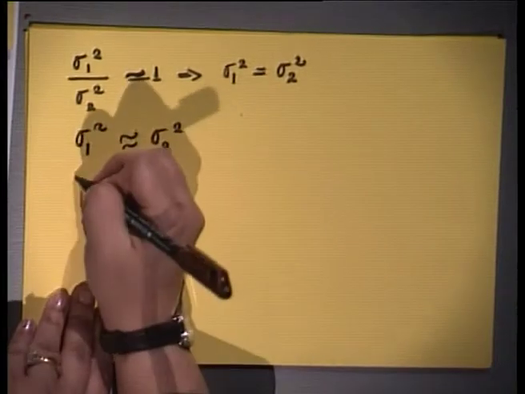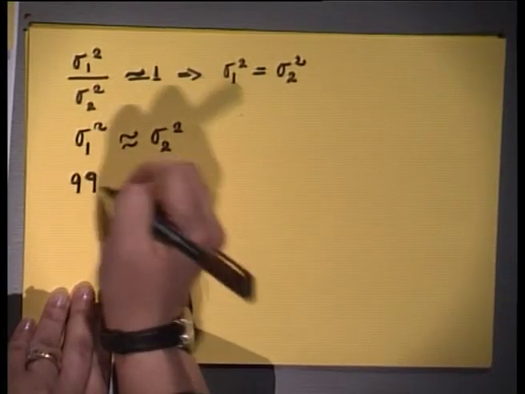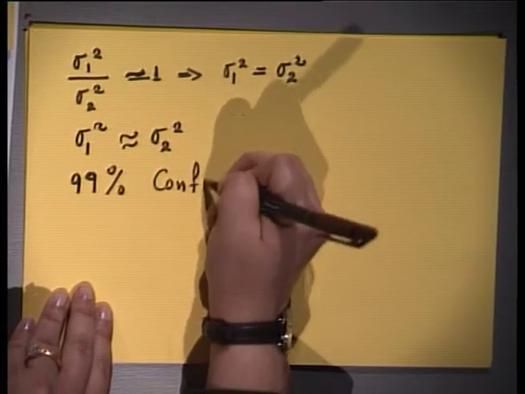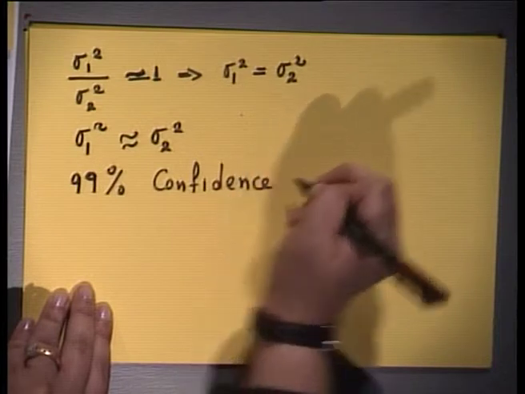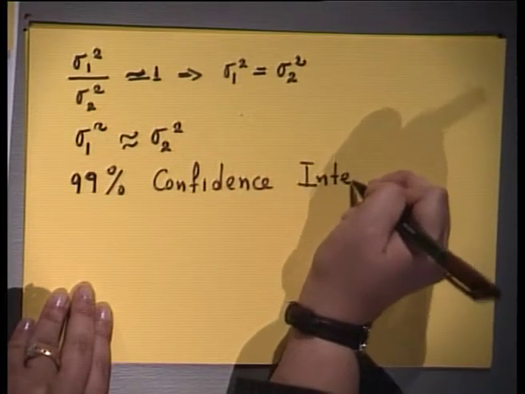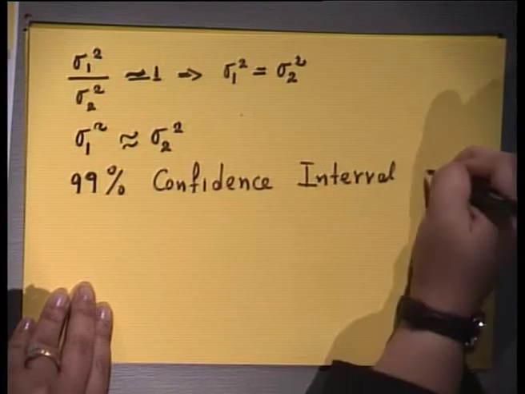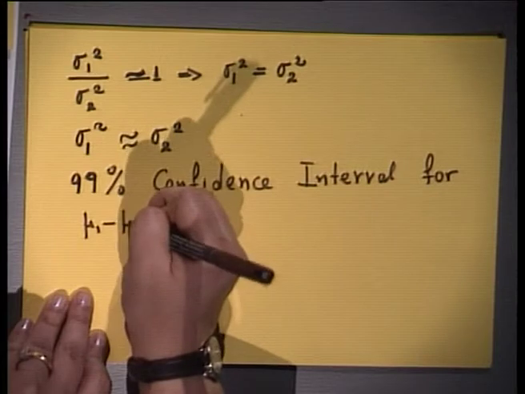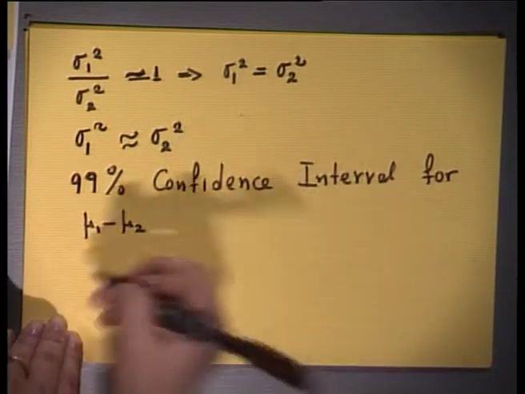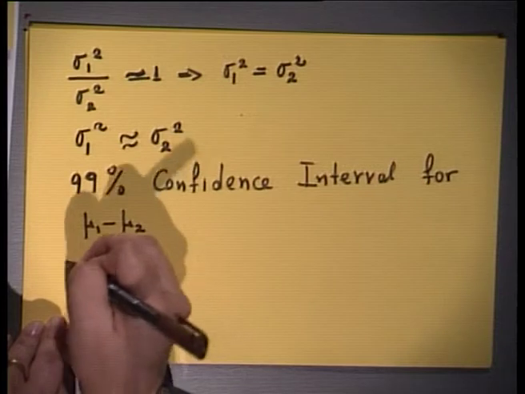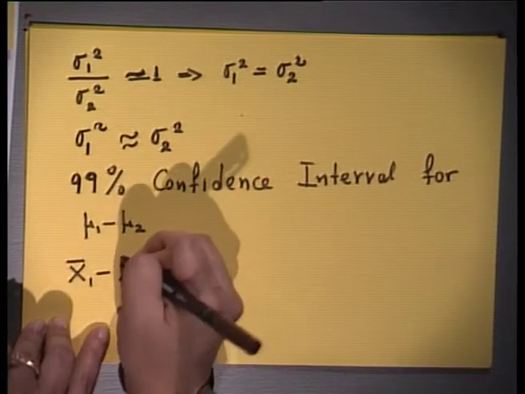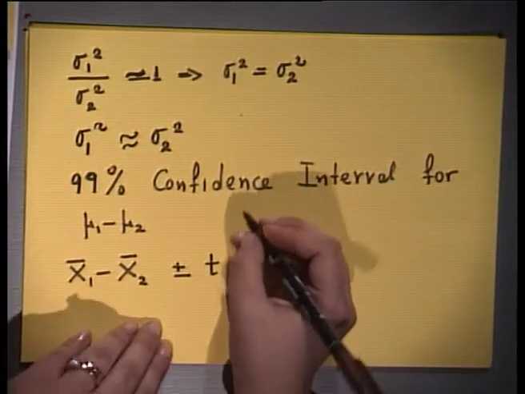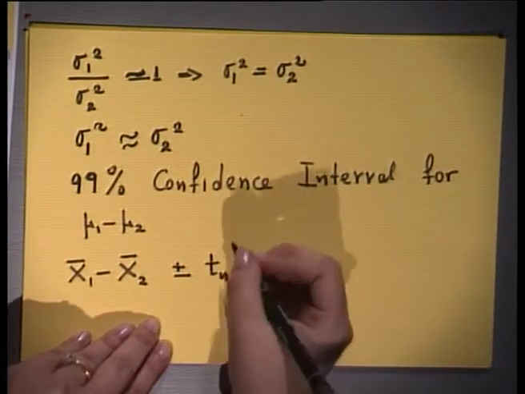and in order to calculate the 99% confidence interval for the difference of the two means, we could use the formula we've seen with the two equal variances.